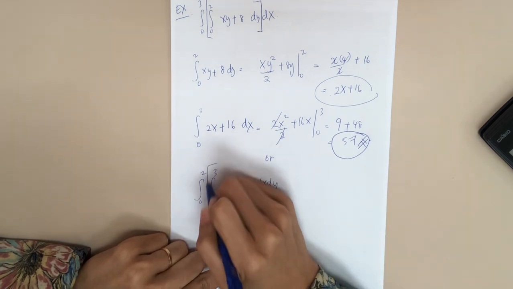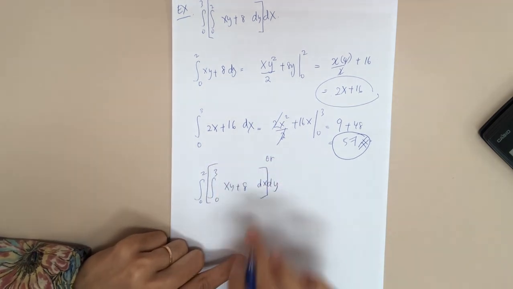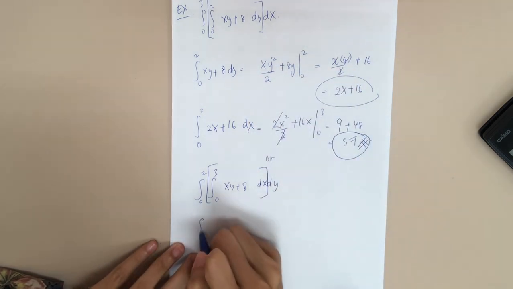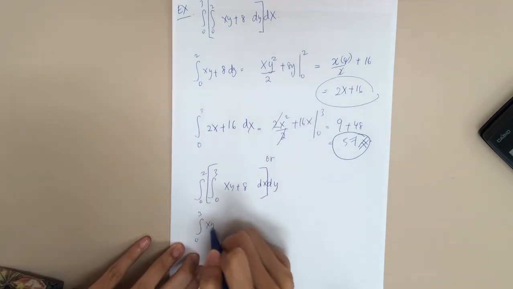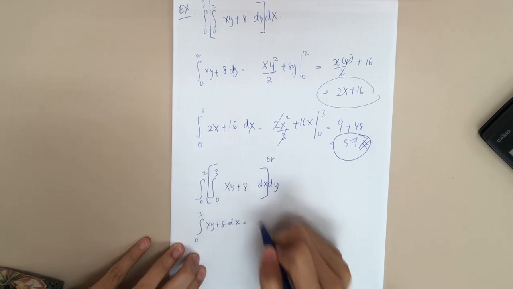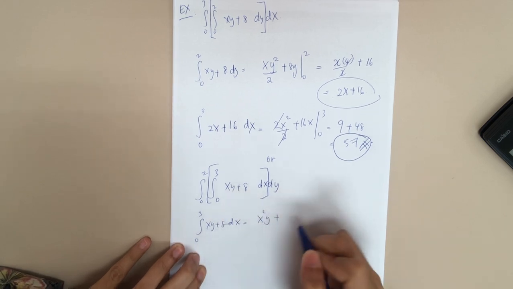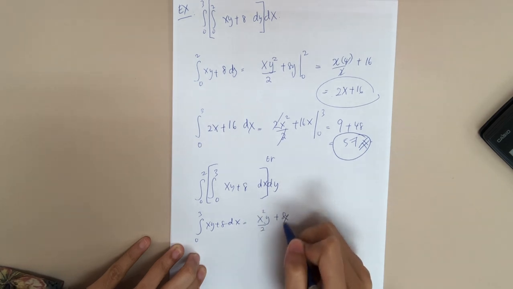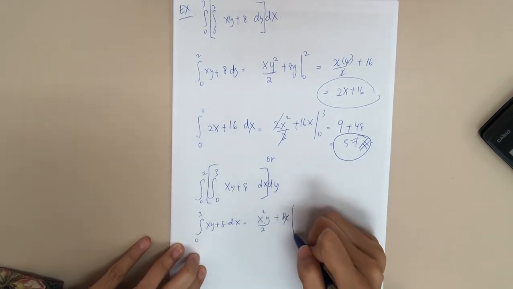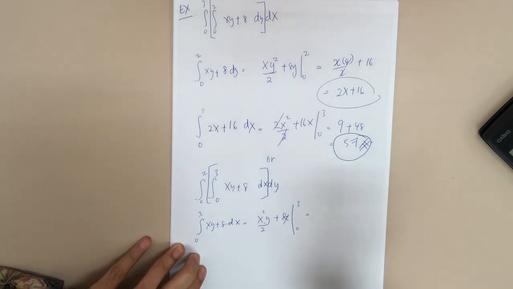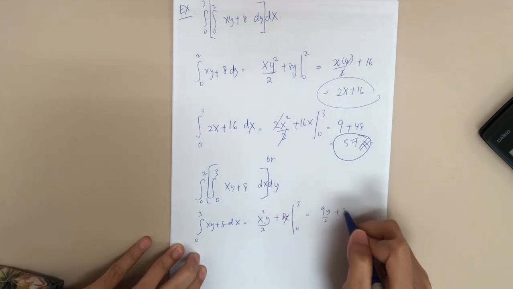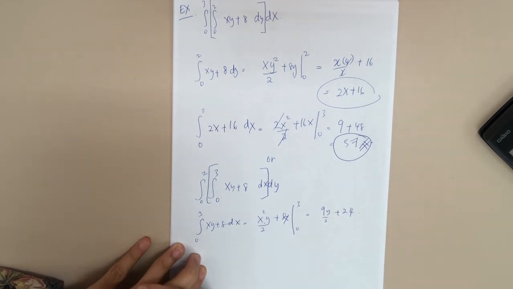So you solve first for dx. Just now we solved for dy first, so now we solve for dx first. You will get x squared y over 2 plus 8x. Then substitute 0, 3 into x. So 9y over 2 plus 24.